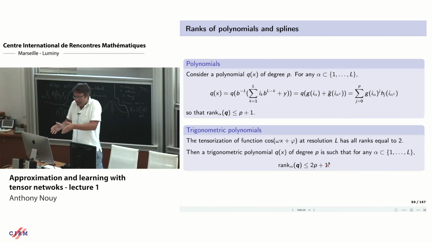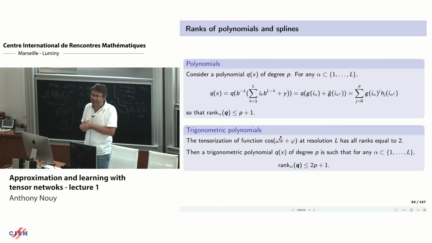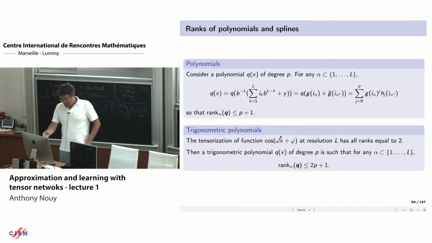Because we are able to bound the complexity of the representation of these approximation tools using these low-rank formats, we will have a control of the error with respect to the complexity with these tree tensor networks, or tensor networks in general. So these results on the ranks of the tensorization of these classical functions are very useful to understand the approximation properties of tensor networks.